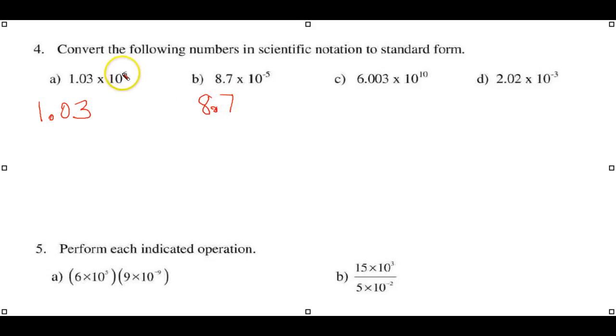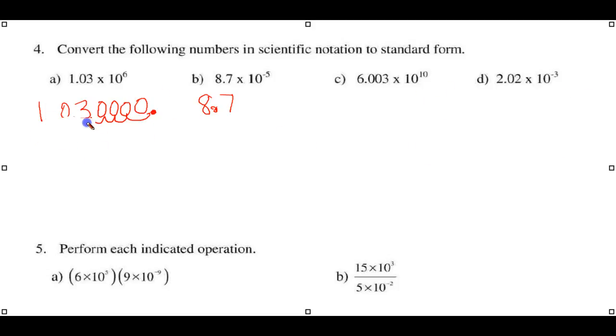Now it's going to be a big number because I'm going to raise it to positive exponents, and I need to have 6 places. Well, I have 2 here already, so I'm going to have to add 4 zeros. 1, 2, 3, 4. So when I move it, I go 1, 2, 3, 4, 5, 6. So there's my new number now in standard notation.